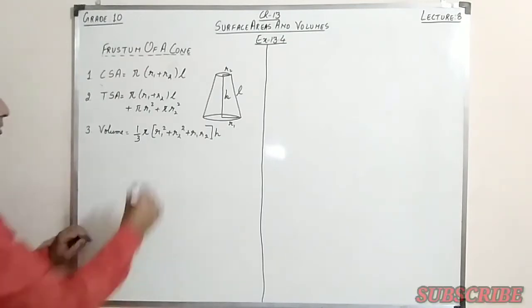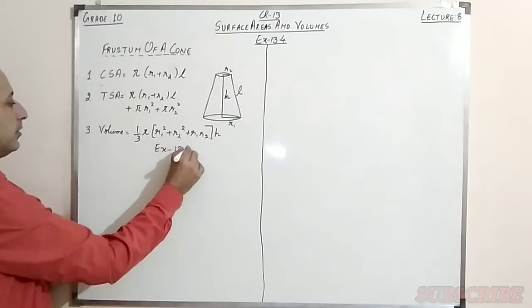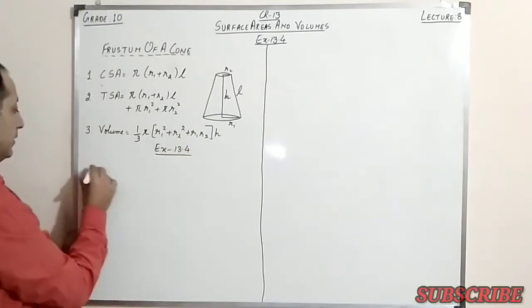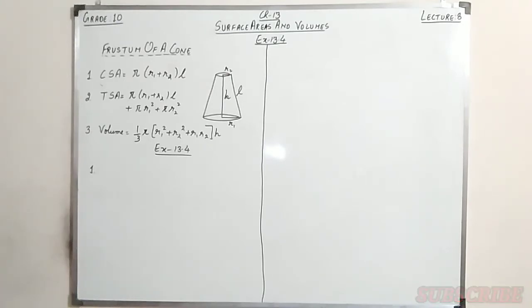The first question of exercise 13.4 is quite simple. It is given that a drinking glass is in the shape of a frustum. So we have a drinking glass, and it is given that the height is 14 centimeters.